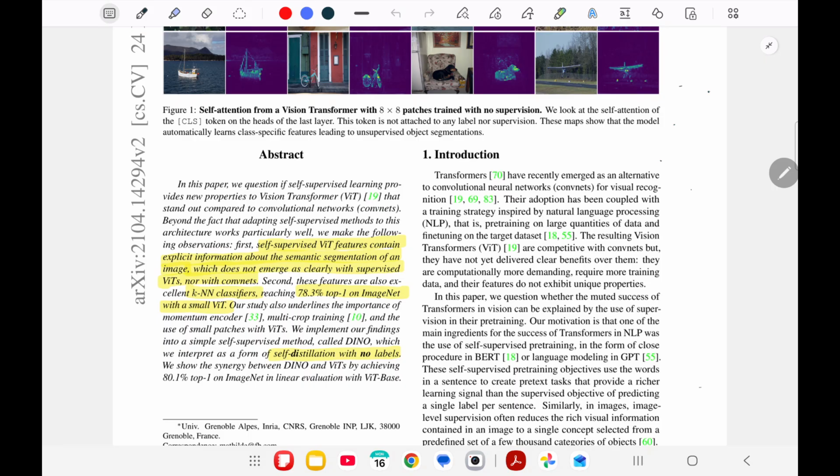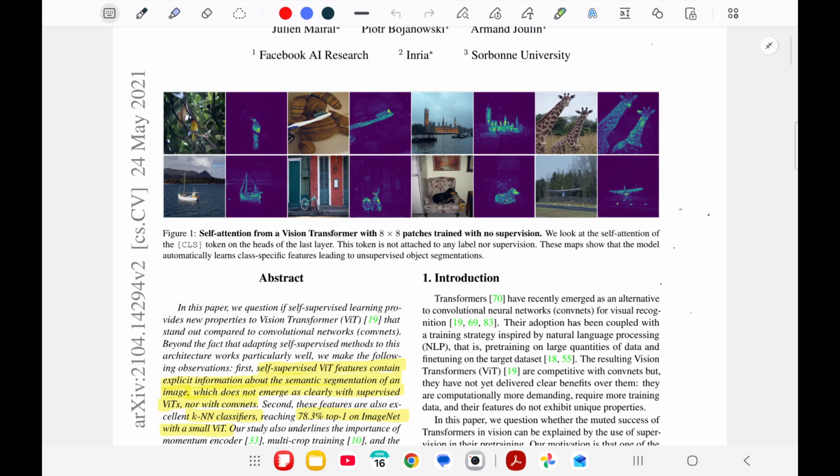DINO is a self-supervised learning method, and what makes it attractive, or a bigger change than other self-supervised methods like SwAV, MoCo or SimCLR, is that here they were not using any labels or negative pairs at all.